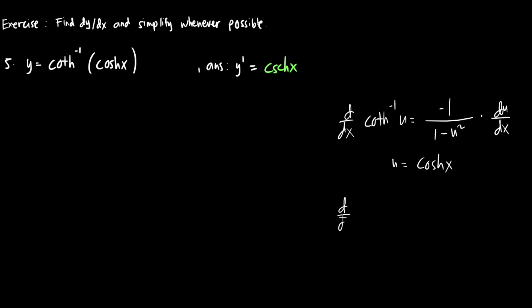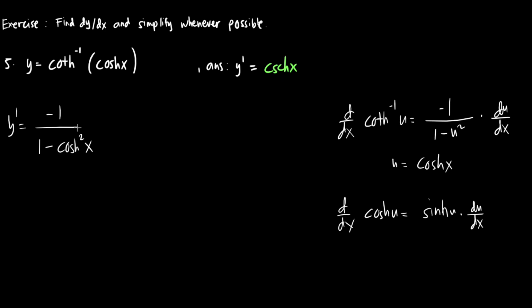The derivative of hyperbolic cosine u is equal to hyperbolic sine u, du over dx. So take note of that one. So we have y prime is equal to negative 1 all over 1 minus u squared, so we have hyperbolic cosine squared u.